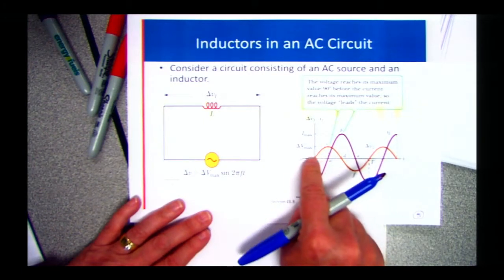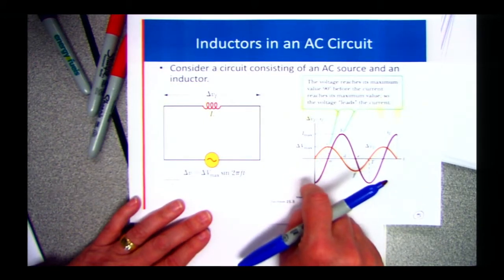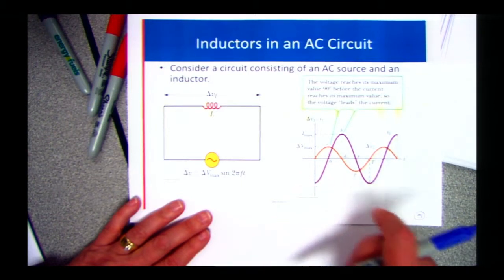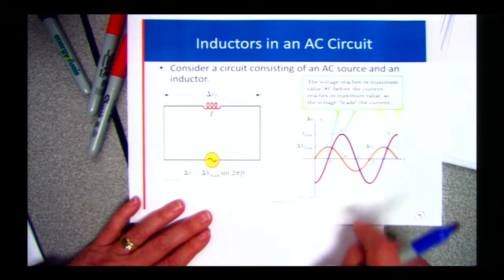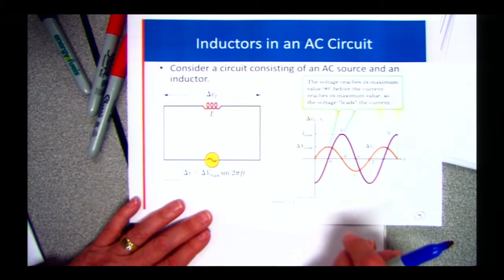So my inductor is going to lead the current by 90 degrees. My capacitor lags the current by 90 degrees, and my resistor is in sync with the current. So we end up with those pieces.